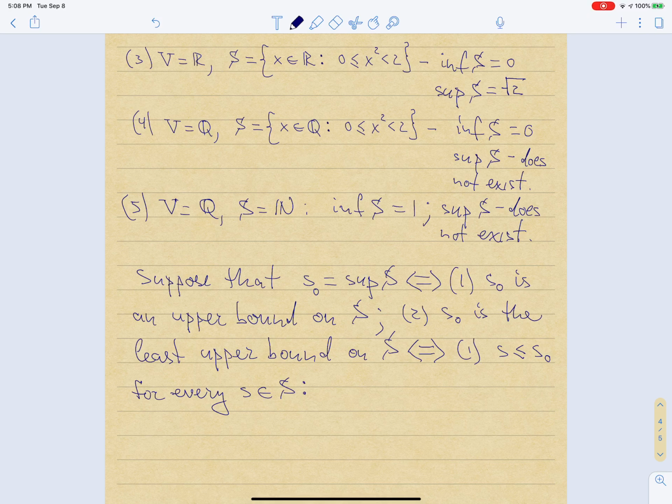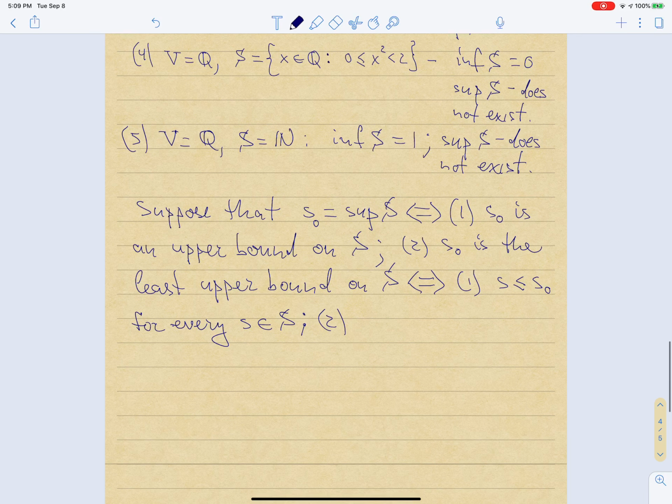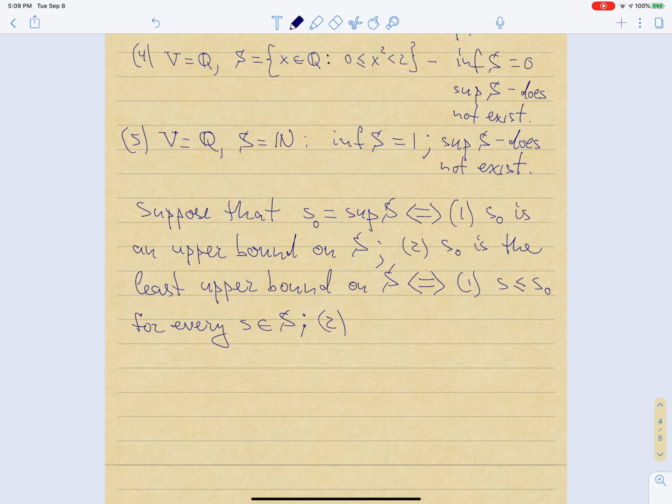And then number 2, I have to specify what it means for S0 to be the least upper bound.